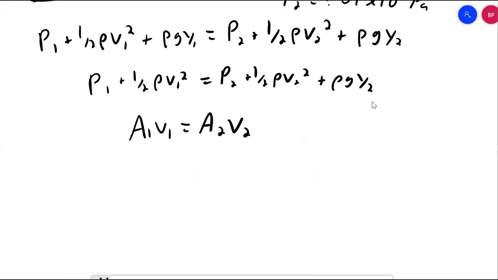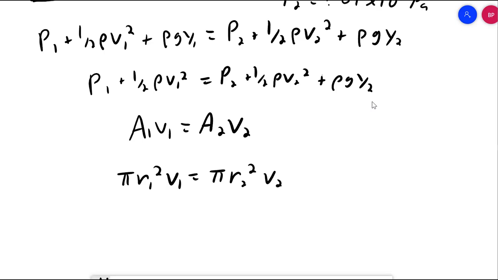So remember, this tells us that all of the fluid that goes through one end of the pipe also has to go through the other end. Now, both ends of our pipe have circular areas. So we know the area of a circle is pi r squared. Okay, so now we have 2 equations and 2 unknowns.